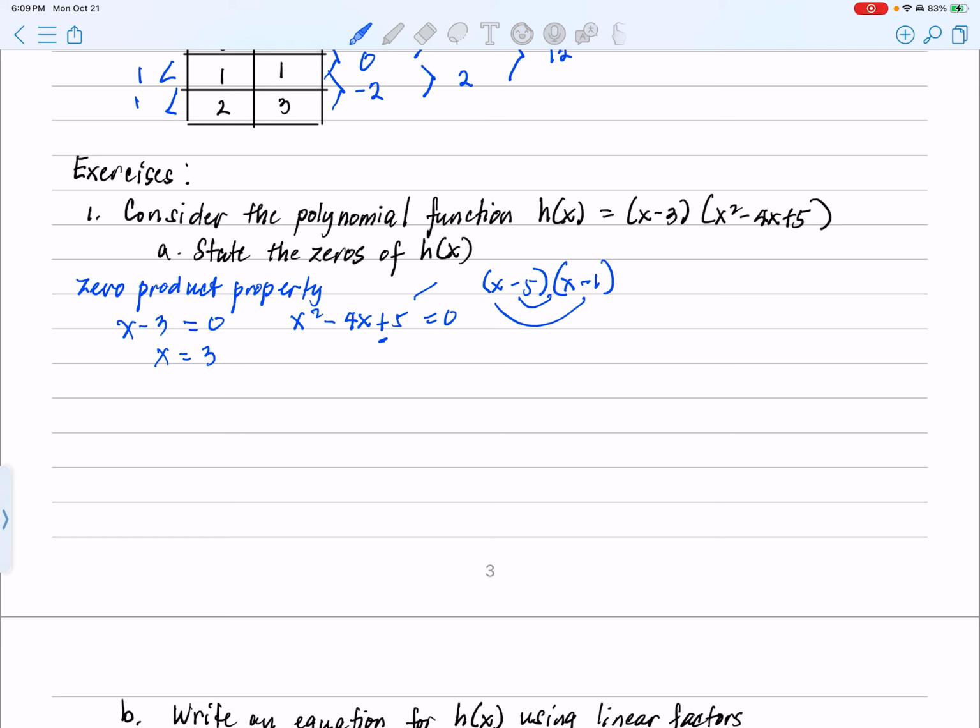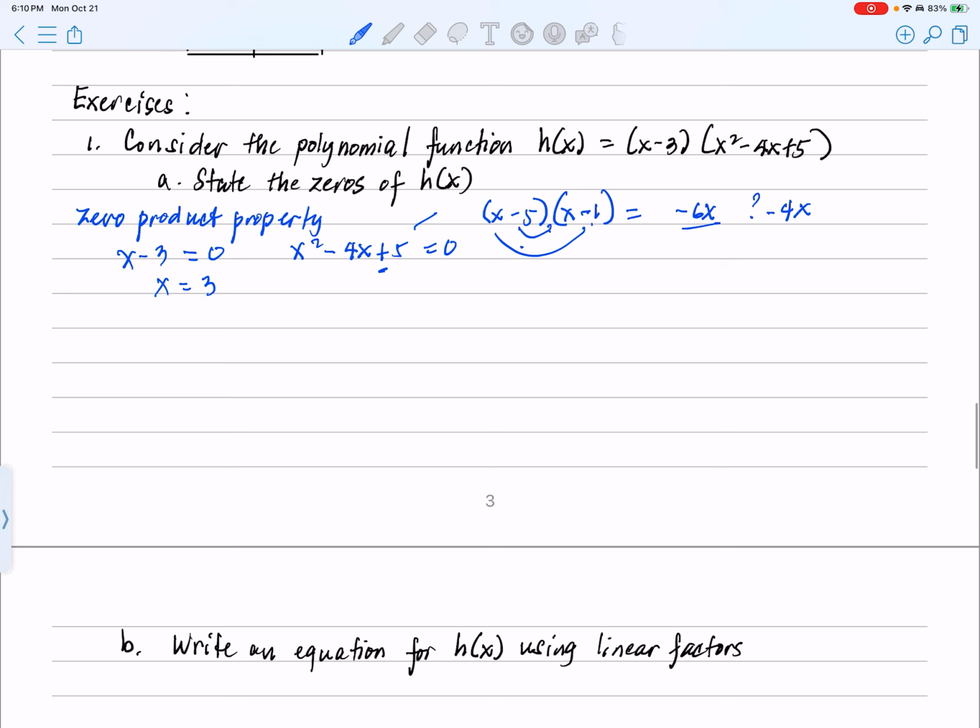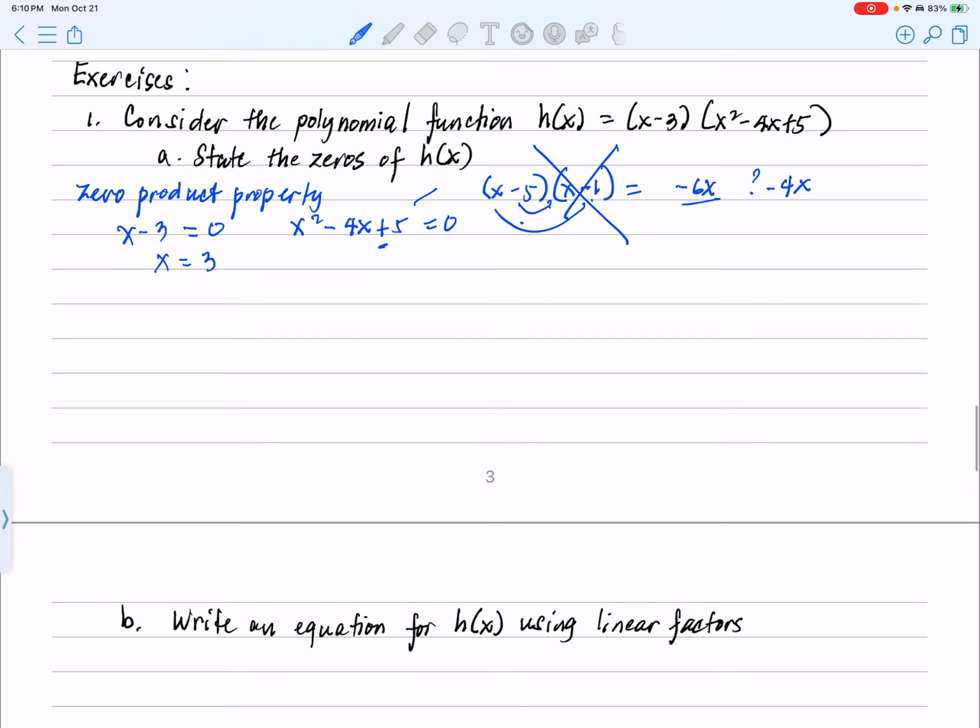If I do that, I have negative 5x and minus 1x, so negative 6x in the middle. It doesn't give me negative 4x. That means I cannot factor that out. What other thing I could do is use the quadratic formula.